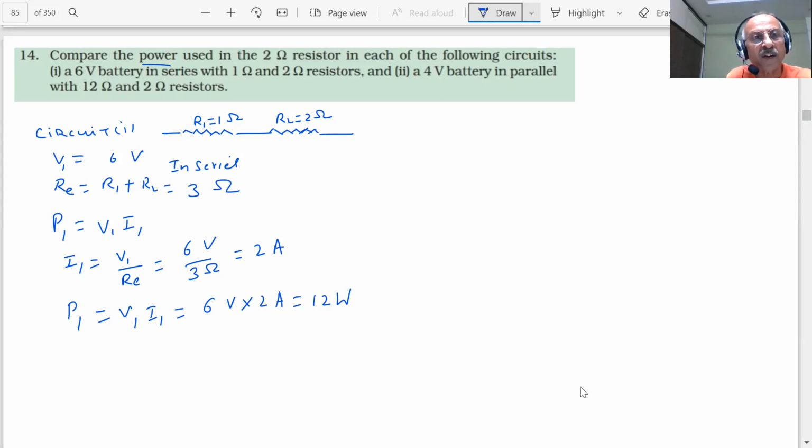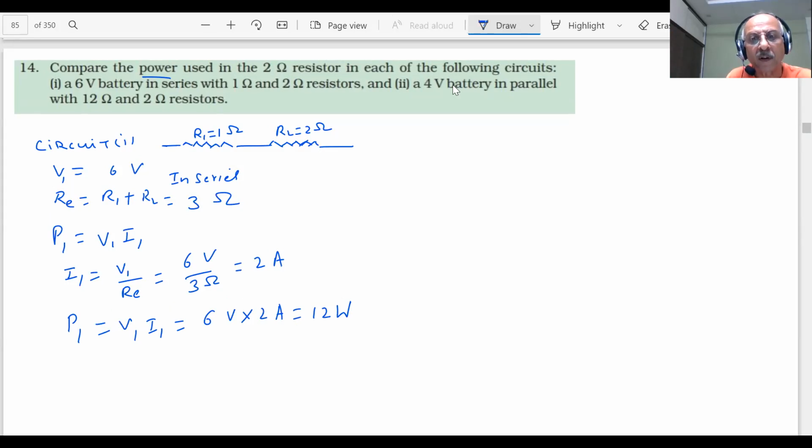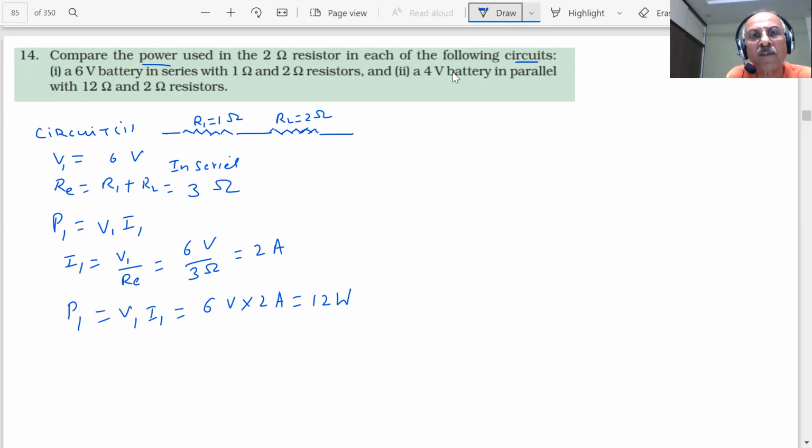What is the circuit 2, students? So this is my circuit 1. Power formula we know, resistance formula we know in series. And what is the circuit 2, student?